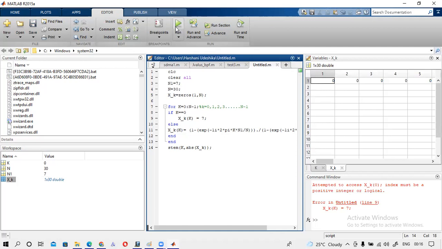Yeah, you can't get the zero value, because index cannot be zero. So what is the solution for that? If I put k plus 1 here, let's see.